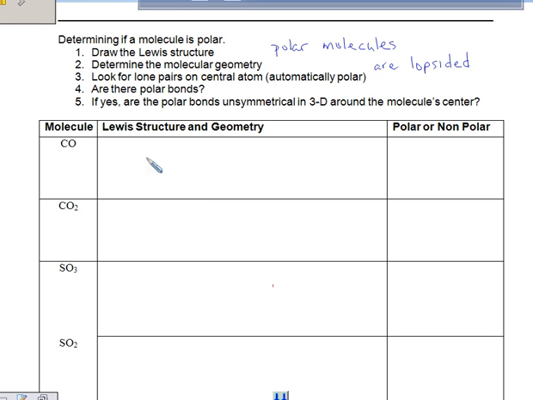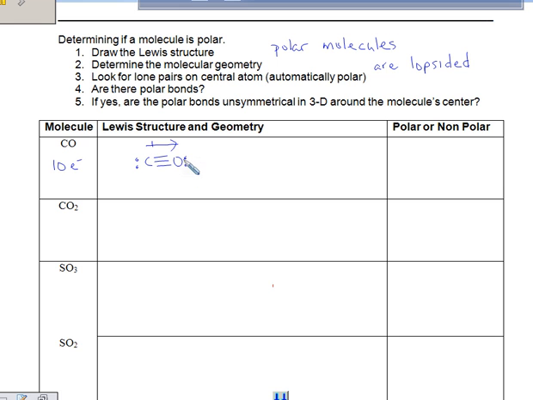Let's start off with carbon monoxide, which has a total of 10 valence electrons. And we're going to draw the Lewis structure. That's it right there. Oxygen is more electronegative than carbon, so the electrons are going to get drawn down towards the oxygen end of the molecule. This is a lopsided molecule.